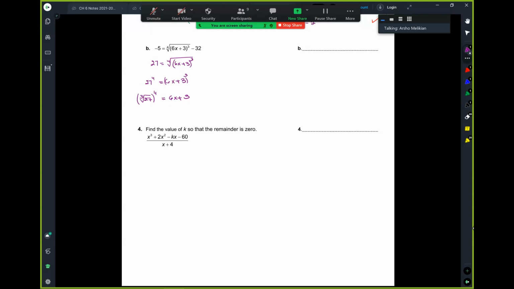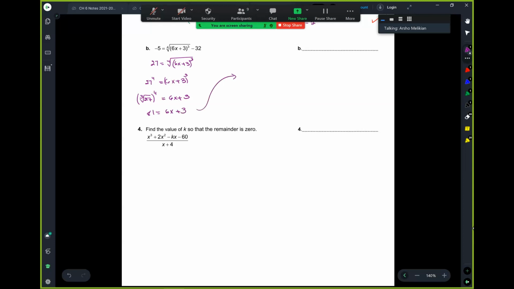3 to the 4. How much? You guys know. What's 3 to the 4? What's 3 squared? 9. It's 9. And then square that, it's 81, right? So this is just 81 equals 6x plus 3.